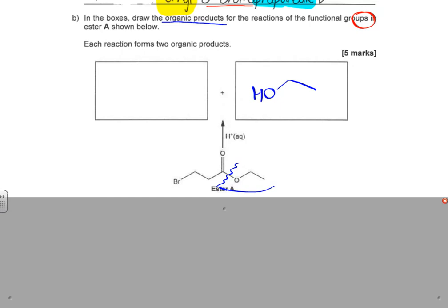And of course, it's going to be ethanol. Now on the other side, the other group would be a carboxylic acid. And there it is. So there's my carboxylic acid, and it would be 3-bromo propanoic acid. I'm not asked for a name. I'm just simply asked to draw this section. There it is in red there. That would be formed when that ester bond is hydrolysed.